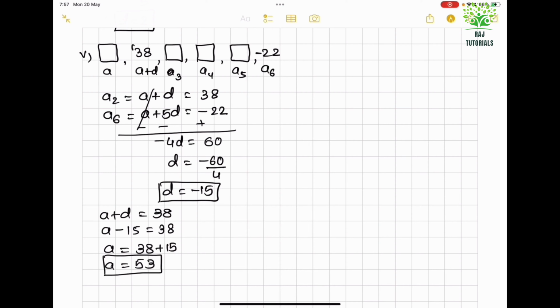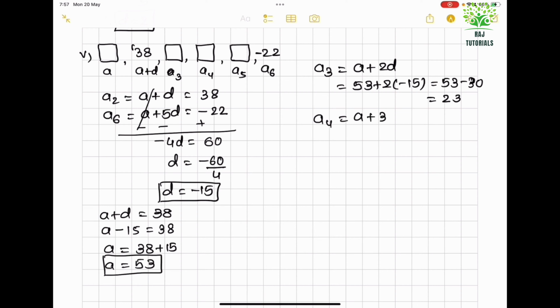Now I got D value, I got A value, so I can get all the values. A3 will be A plus 2D. So 53 plus 2 into -15. So 53 minus 30. That will be 23. Then A4, A plus 3D.